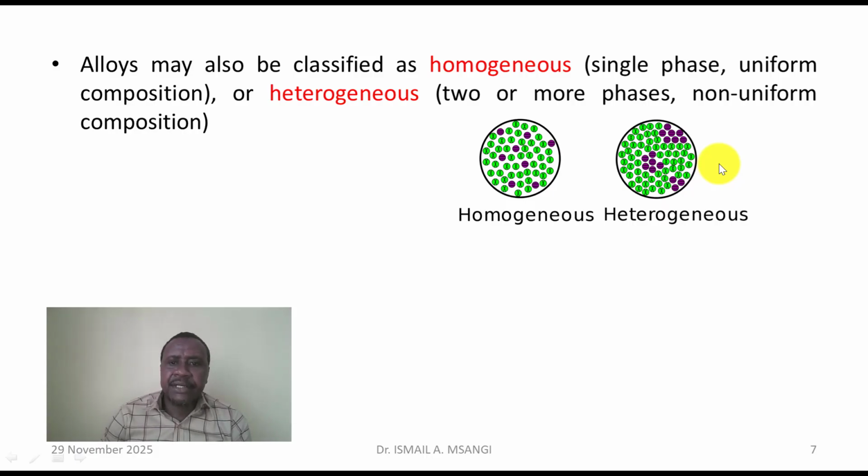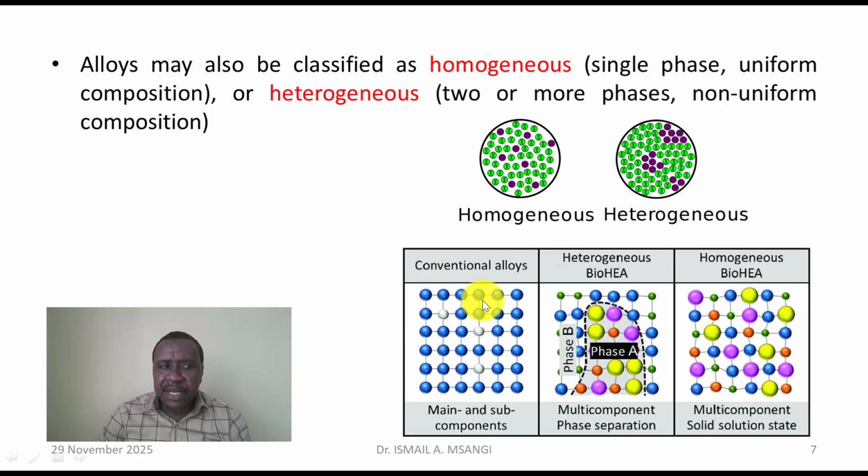And sometimes you may have a mixture with more than two components, where the distribution of components may be even, and hence the material will be called homogeneous, or the distribution of the components will be uneven, and hence the material will be referred to as heterogeneous.